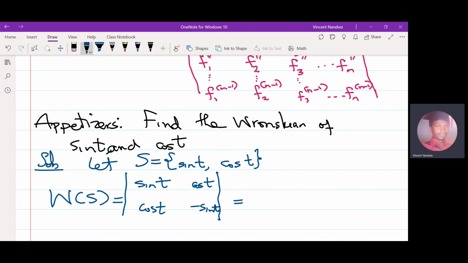Let's compute that determinant. Negative 1, correct. Yeah, because we have sine times minus sine is minus sine squared, and then minus cos times cos is cos squared. Then you factor out the negative. Sine squared t plus cos squared t is 1. So 1 by negative 1 is negative 1.